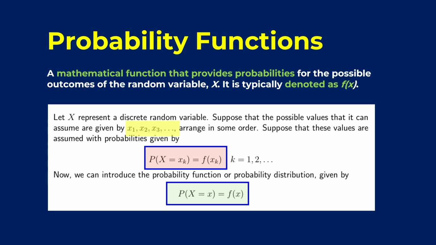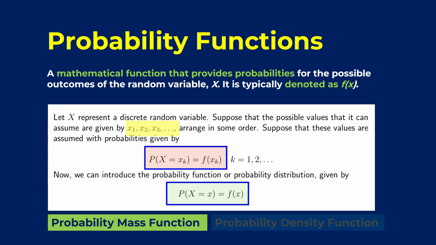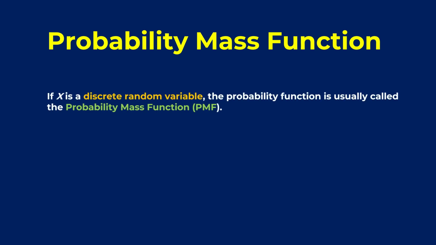You will often hear about two different types of probability functions: probability mass function and probability density function. Let's see the difference between these two. If the random variable, which we denoted here as x, is a discrete random variable, then the probability function is usually called the probability mass function or PMF.